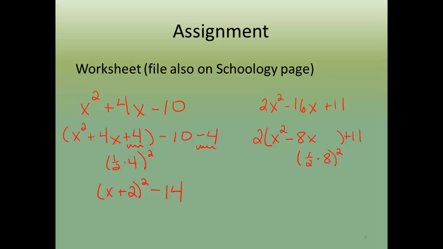Half of 8 is 4. Squared is 16. So I add 16 on the inside. On the outside, I need to do the opposite. But it's not just a plus 16. I have 2 sets. So I subtract 32. x squared minus 8x plus 16 is x minus 4 squared. 11 minus 32 is negative 21.